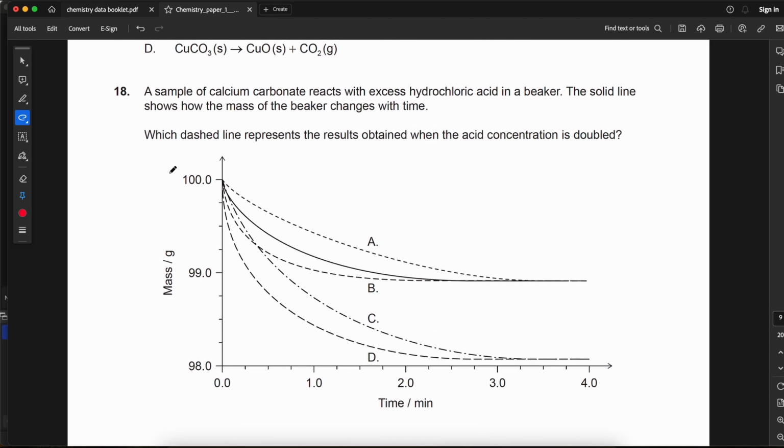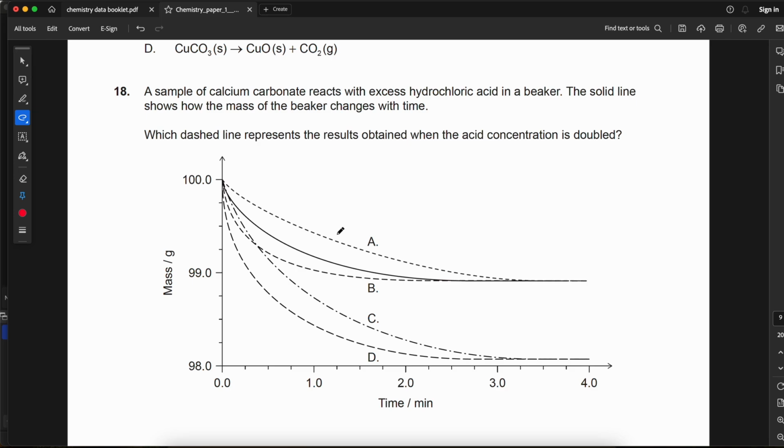A sample of calcium carbonate reacts with excess hydrochloric acid. So hydrochloric acid has more compared to calcium carbonate. The solid line shows the mass of the beaker change with time. Which dashed line represents the result obtained when the acid concentration is doubled? Now we have double the concentration of acid, but the number of moles of calcium carbonate stays the same.